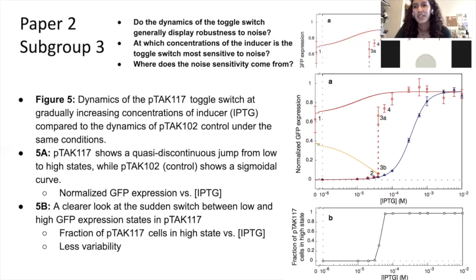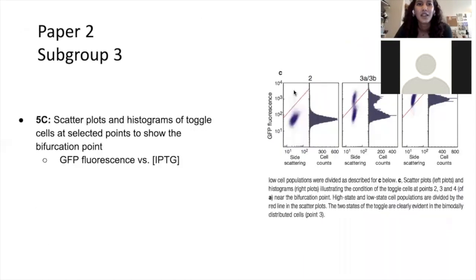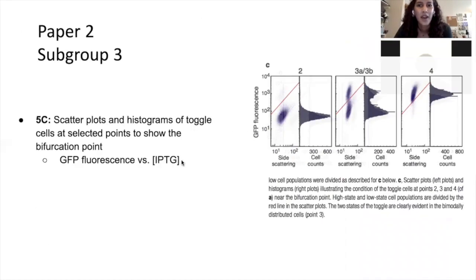As you can see, there's less variability because we're looking at the fraction of cells rather than the GFP expression specifically, which removes some of the reliance on the measure of gene expression.